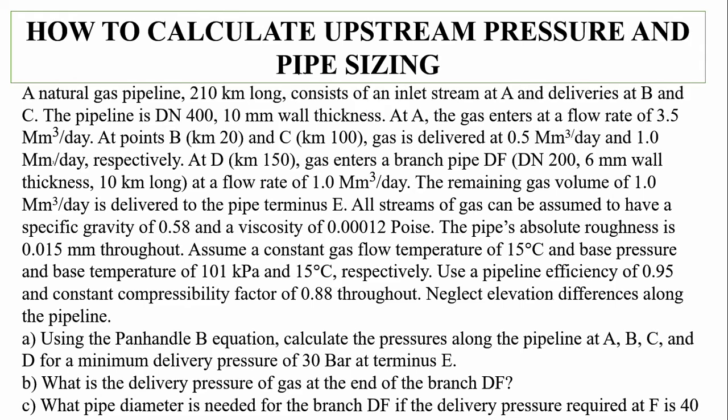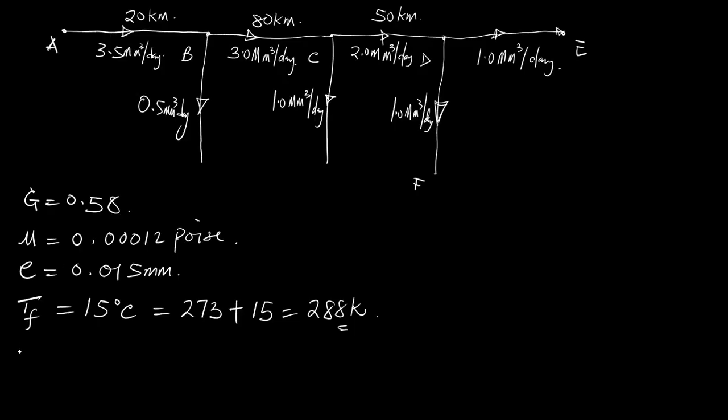Now the base pressure and the base temperature are 101 kilopascal and 15 degrees Celsius respectively. The base temperature is 288 Kelvin.